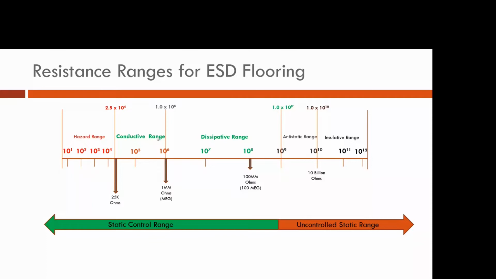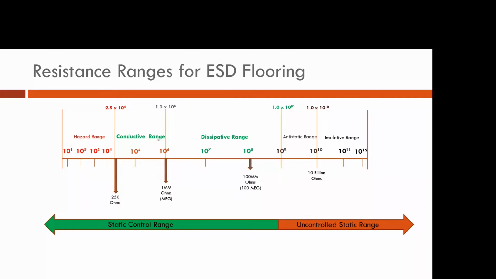So rule of thumb, the more sensitive the equipment is that you're working on and working with, you want to go with conductive. The less sensitive, you want to go with dissipative. The conductive range is 2.5 times 10 to the 4th, or what we use as 10 to the 4th, to 10 to the 6th. That means 25,000 to 1 million ohms, and that is your conductive range.